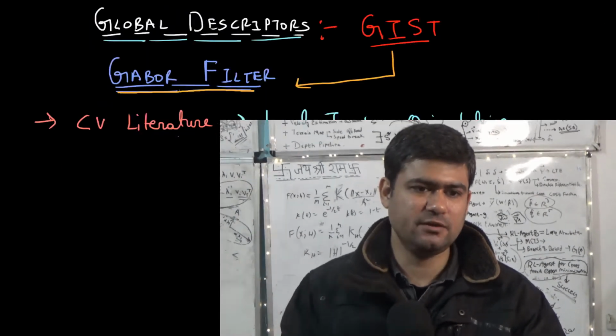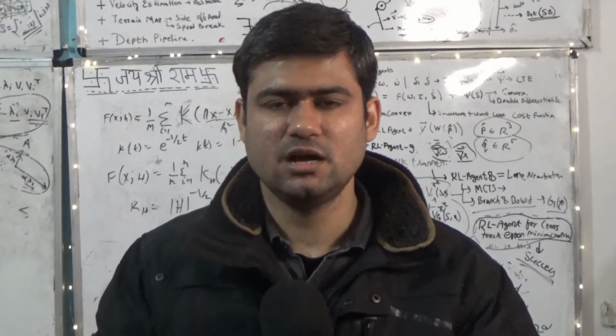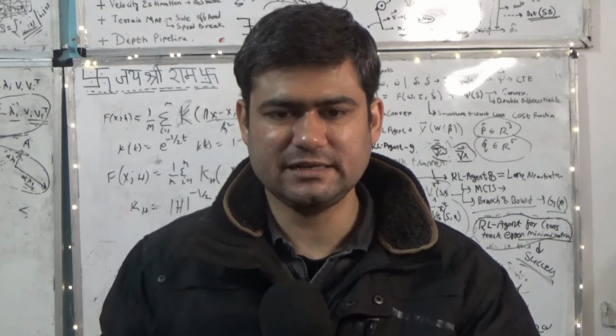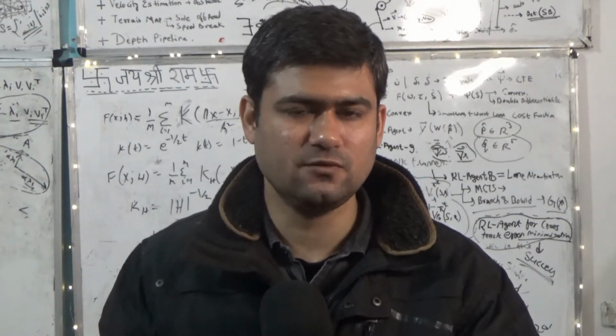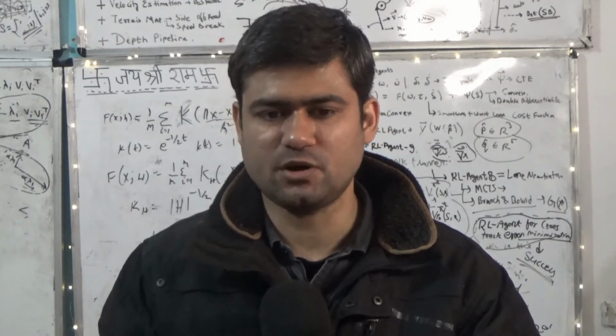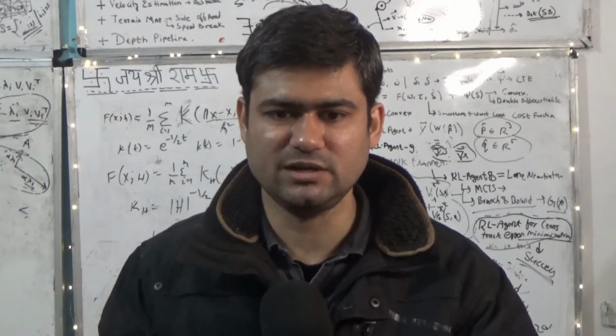For example, if you go through the vanishing point papers, vanishing point has been a topic of interest around 2008 to 2012 in the computer vision literature, and you can see prominent researchers and papers on the topic of vanishing point detection.